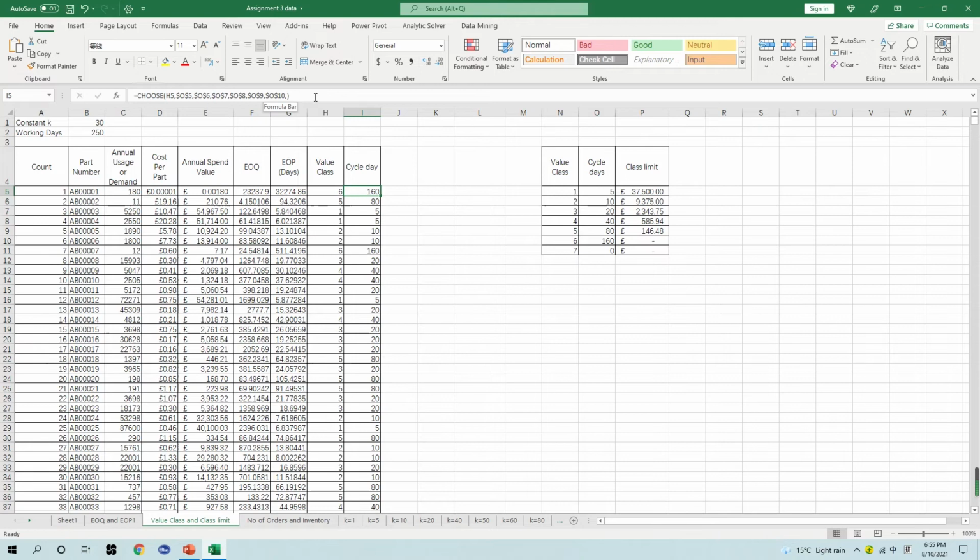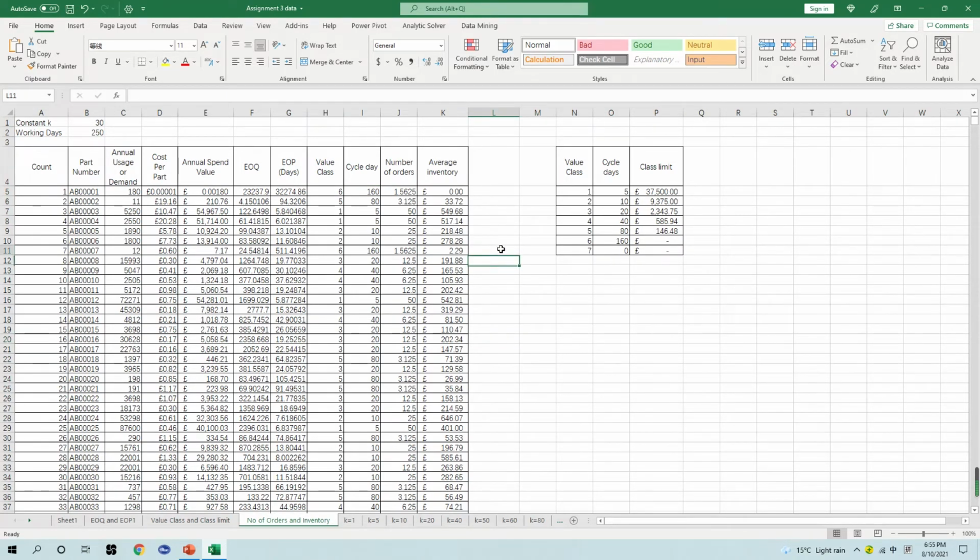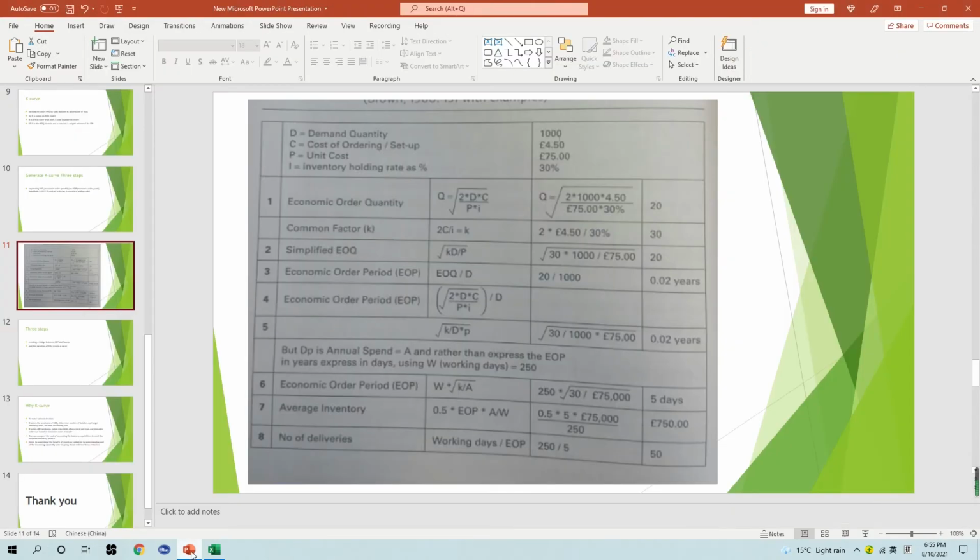Moving on, we have the next page, which is the number of orders. We can again look back at the PowerPoint slides. At number 8 here, we have the number of deliveries, which also means the number of orders. So it's total working days divided by EOP. And then the average inventory formula as well, just right above.